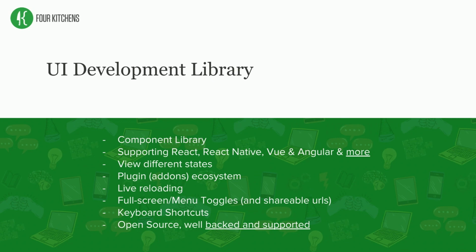And then you have some kind of development niceties like live reloading. You also have some kind of nice things in terms of sharing URLs with clients, kind of things you're used to probably with a development or pattern library. But Storybook does some of those really nice. And then it's open source and it's well backed and supported. Again, we'll post these slides, but there's some links there for you too.